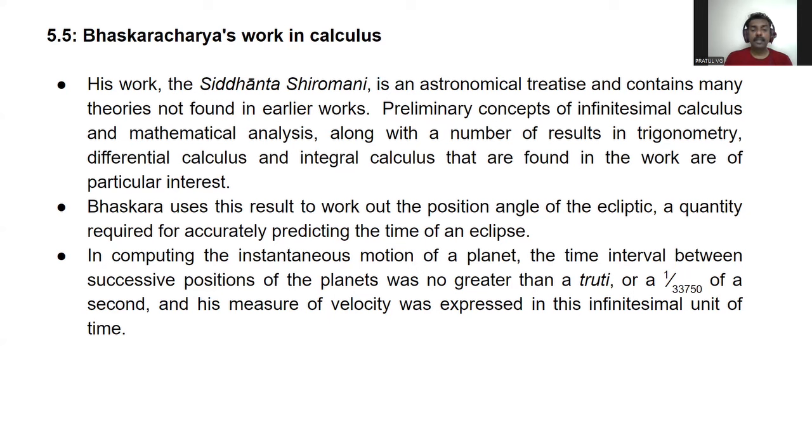In computing the instantaneous motion of a planet, the time interval between successive positions of the planets was not greater than a truti. A truti is 1 upon 33750 of a second, and his measure of velocity was expressed in this infinitesimal unit of time.